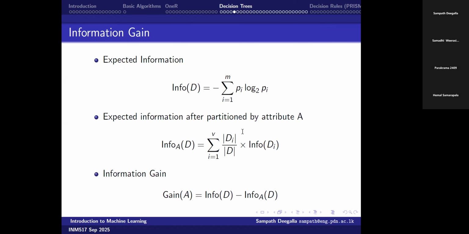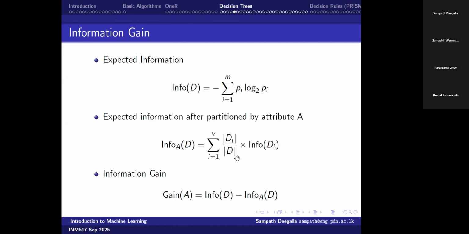So that's what we are going to use here. So here is how we are going to do this. We are going to calculate something called information gain. First of all, you have to calculate the information. This is what we observed earlier in entropy, given the data. So we will calculate the information, and then based on the attribute, you will get different branches.